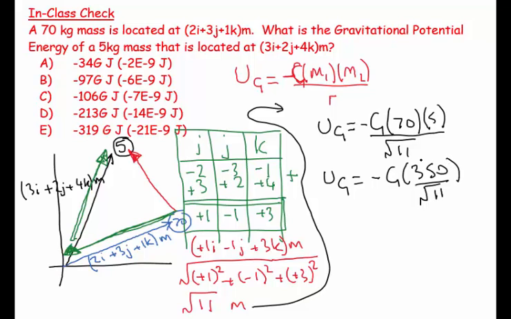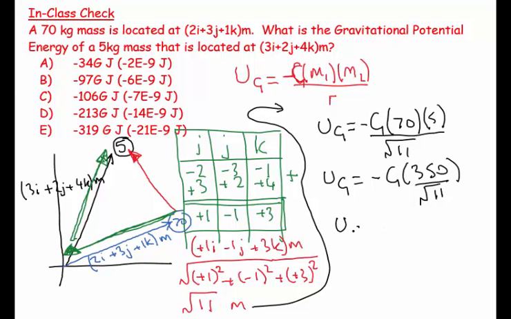I like to do as much on the paper as little in my head as I can do. So that would be 350 divided by the square root of 11. So that would be 105.5, call it 106.